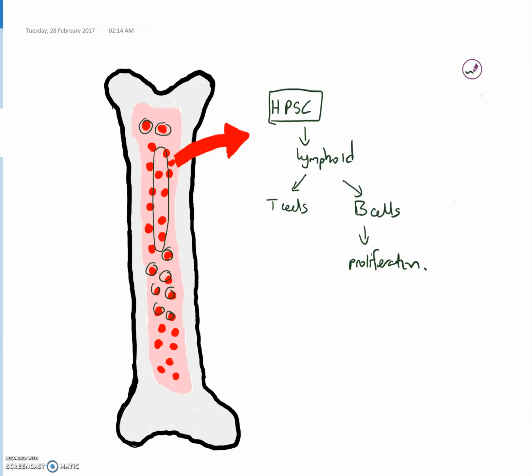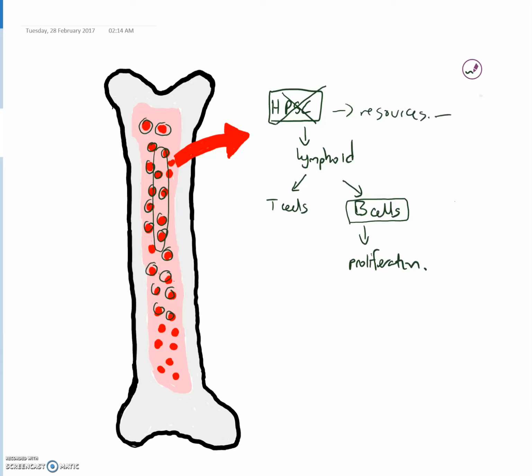So picture every one of these little red cells to be now a B cell, proliferating over and over, and using up all of the hemopoietic stem cells in the bone marrow to produce this B cell.